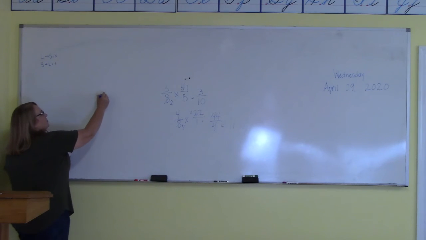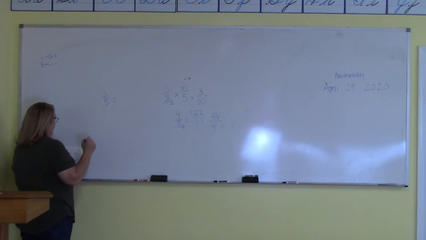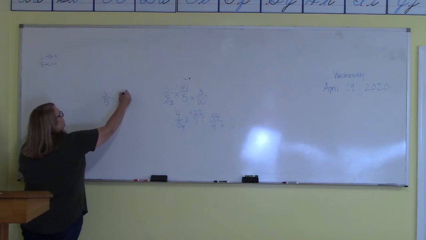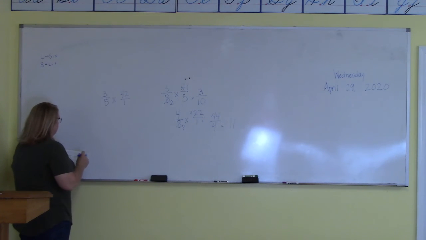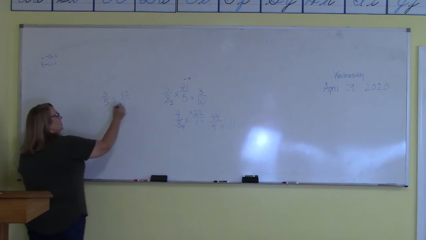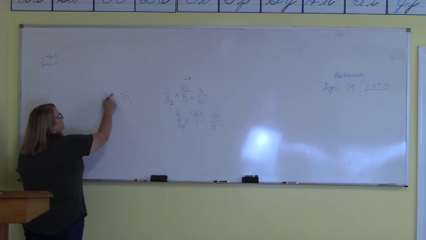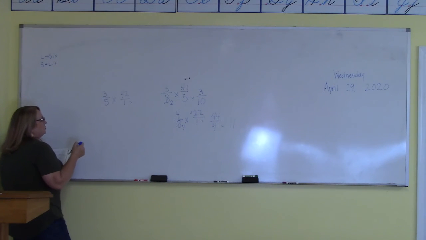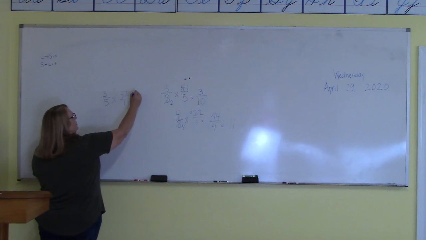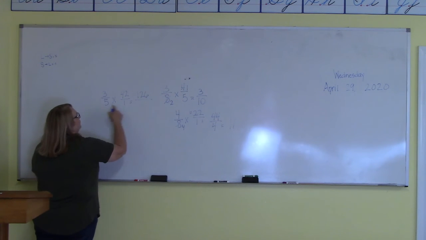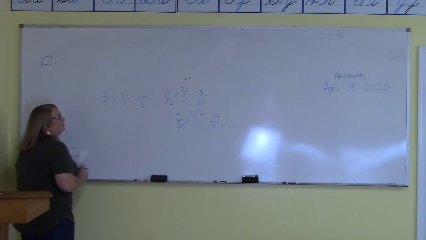All right, in D you have 3/5 times 42 over 1. There's nothing that you can cross out, so 42 times 3 is 126 over 5 times 1 is 5.